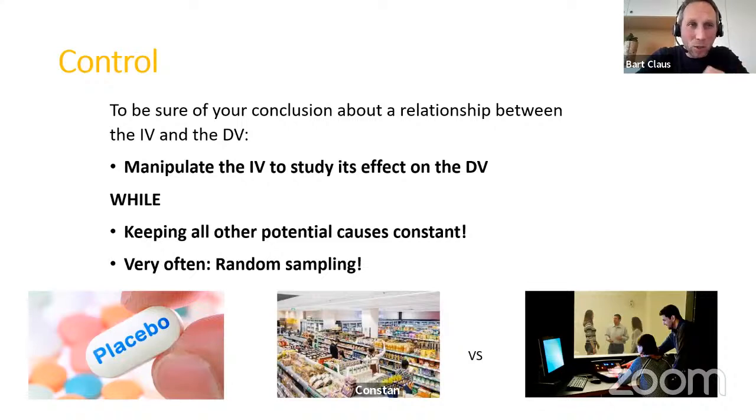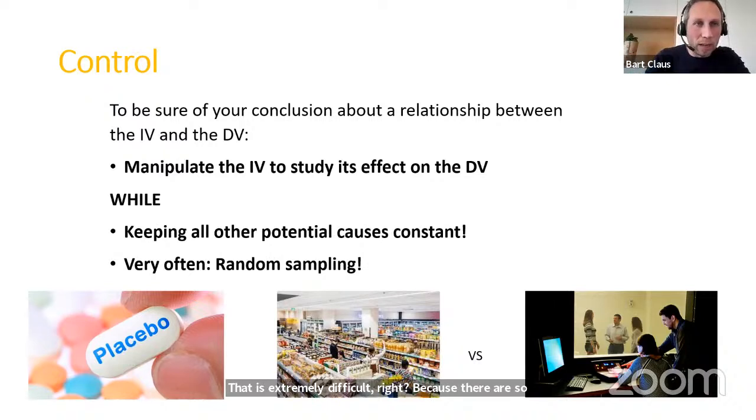Now, keeping everything else constant is extremely difficult, because there are so many variables to consider that it's very easy to miss some. So what very often is done is random sampling, randomly attributing people to the different conditions.